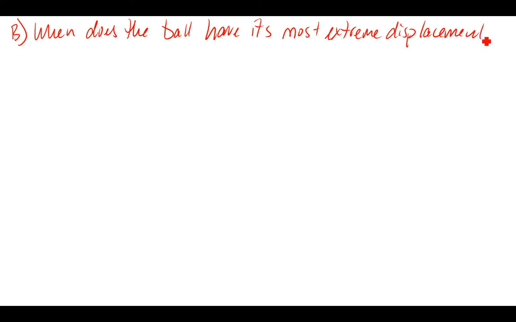That is usually clarified if need be. In other words, 6, which is the starting point, is actually the most extreme displacement from equilibrium. But usually it says after returning to equilibrium. In other words, the rebound.